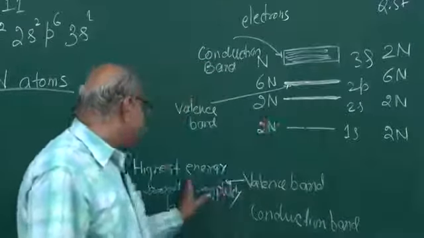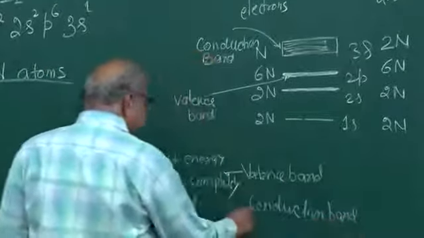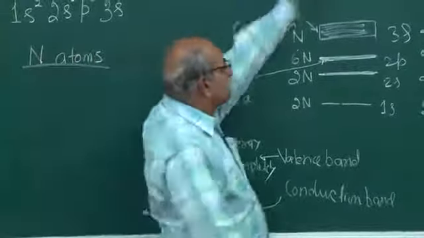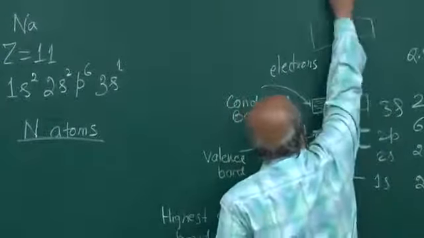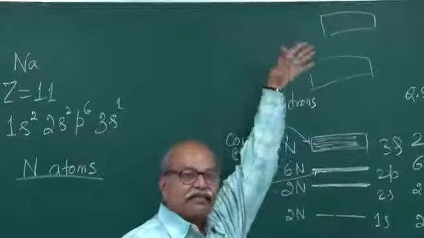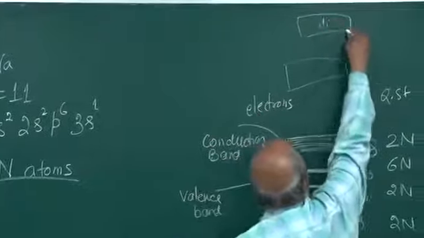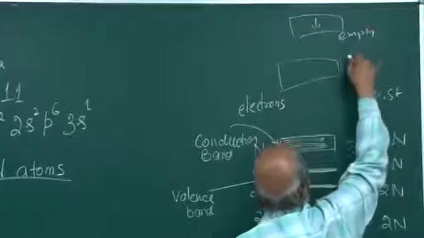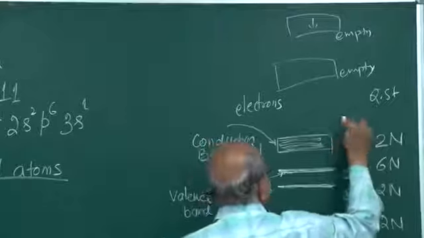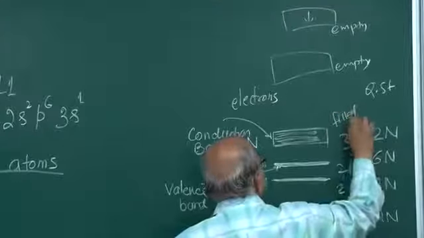So, this is how the valence band will be defined, and next to the valence band will be the conduction band. You can come from the top: you have other bands here also, you have 3s, 3p, 3d, 4s, everything is there, and they are all empty. So, if I come from the top, this is completely empty, this is completely empty, and here you have some filled, not completely filled, but some filled states.